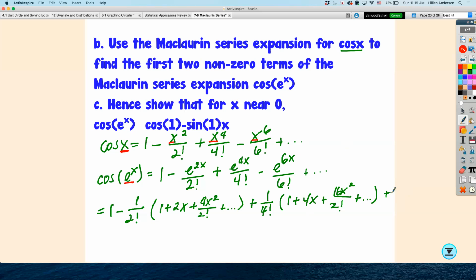And of course, we know this would continue on for e to the 6x, e to the 8x, e to the, you guessed it, the nx, okay? But for the sake of the fact that when we write this in the actual sigma notation to represent the series, we use k.